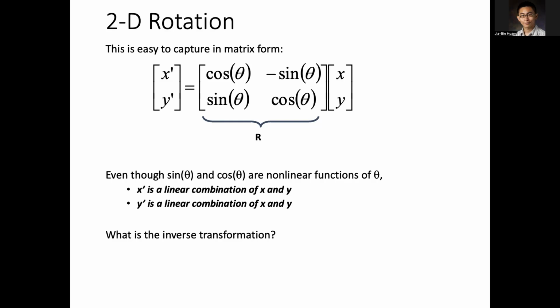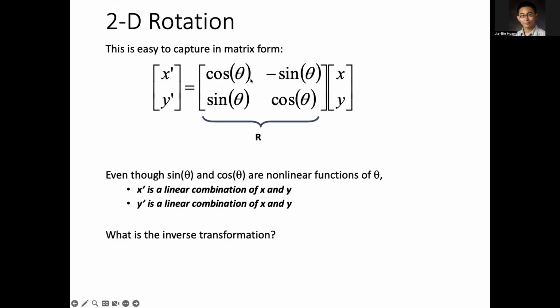If I rotate by theta and then rotate back by minus theta, then it's at the same location. So that's the identity. So the inverse transformation is just replacing theta with minus theta. That's R inverse.